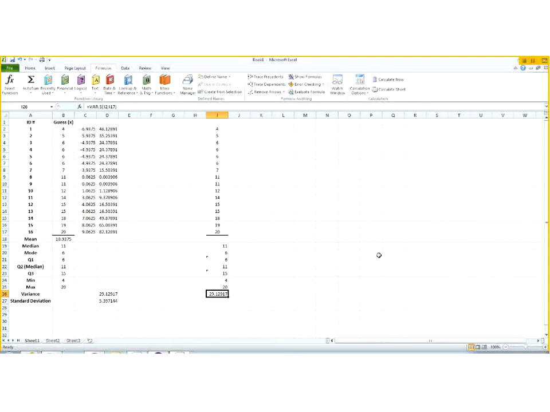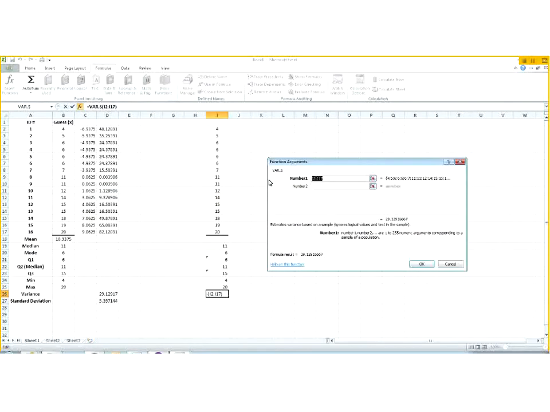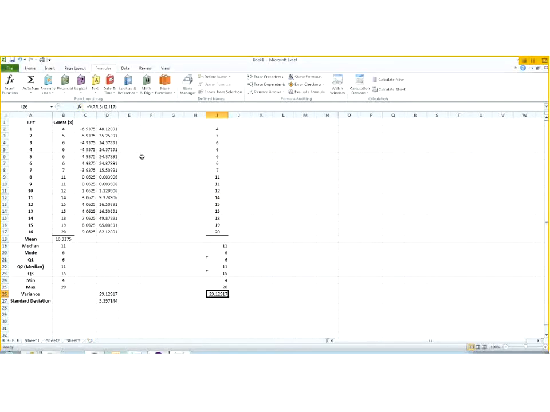Okay, that's the one I wanted. So when we did it, it was the second one, the variation S, you can see at the top here in the formula bar. So make sure you choose the correct one. It was the second one.